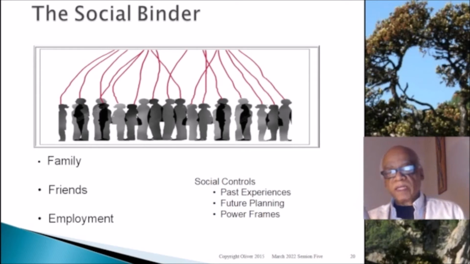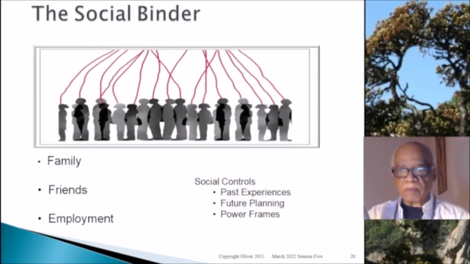Now, one way that you can control the social binder is through power frames. If you want to be able to do something in your life, and you find that it's difficult or you're being limited, you can look back and see that it's because of your family upbringing, or your friends, what they call the social controls of your friendships, or something to do with your employment, past or present.